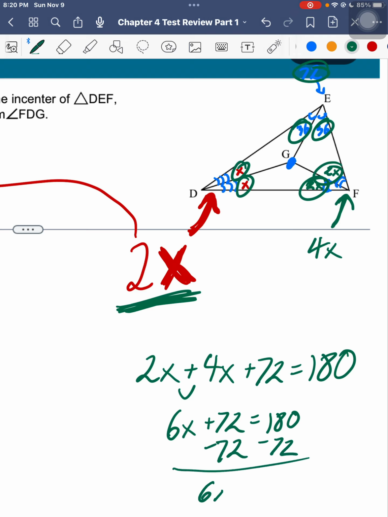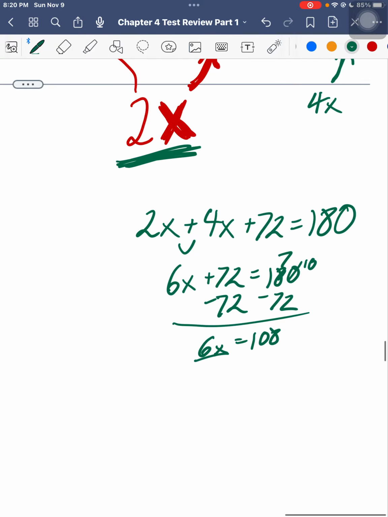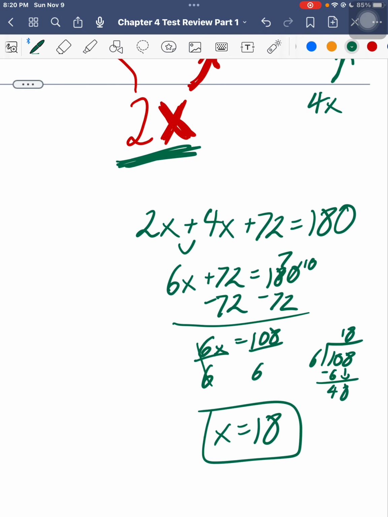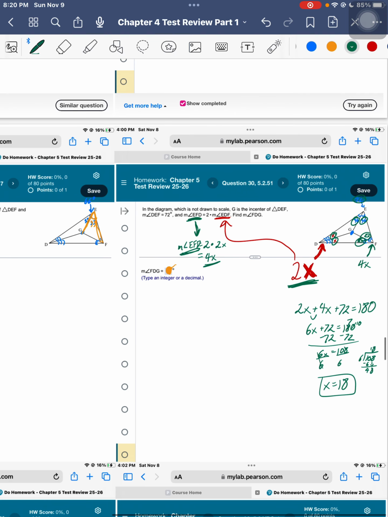Minus 72. 108. And now, divide by 6. What is 108 divided by 6? 18. So x is equal to 18.